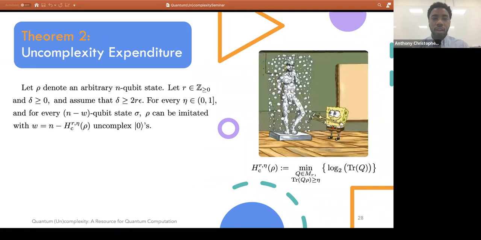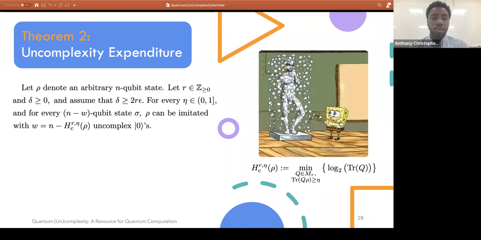Now let's talk about uncomplexity expenditure. Here again, we start off with an arbitrary n-qubit state rho. We have R and delta, and we assume that delta is at least 2 times R times epsilon.